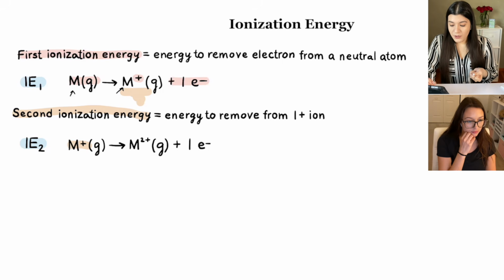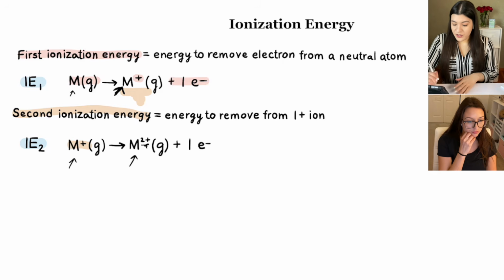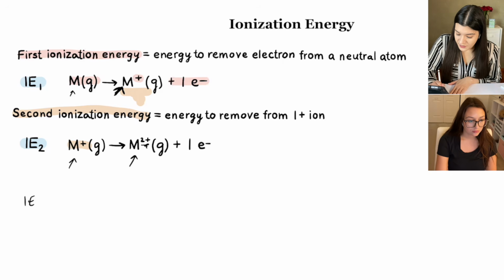Now going from this M plus, that cation, I remove another electron, so it's going to be even more positive. That's where I get that 2 plus. And if I were to keep going, for the third ionization energy, I would start off from here.